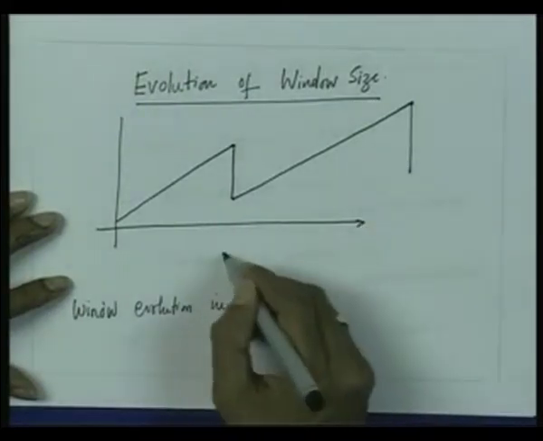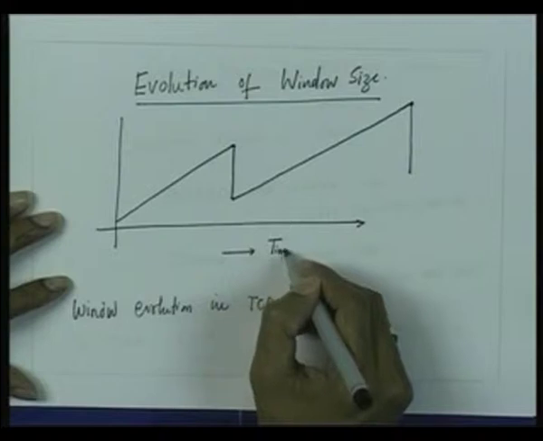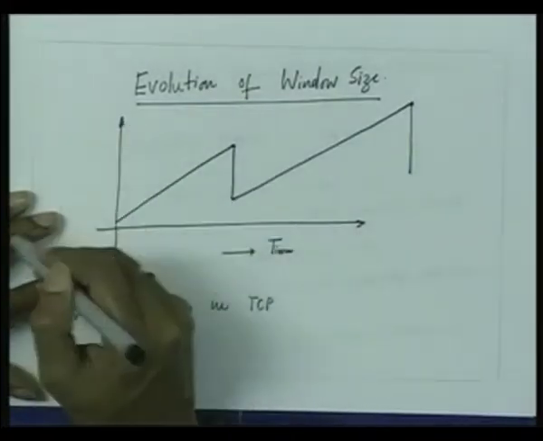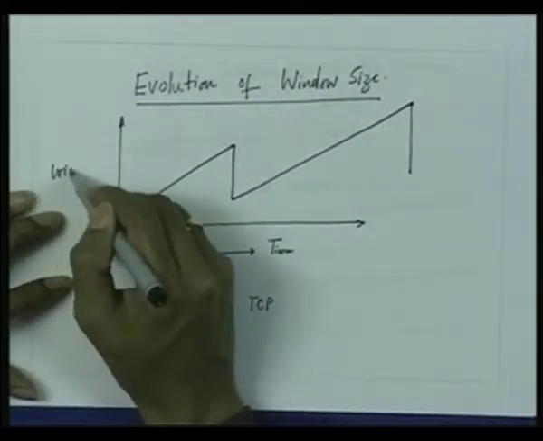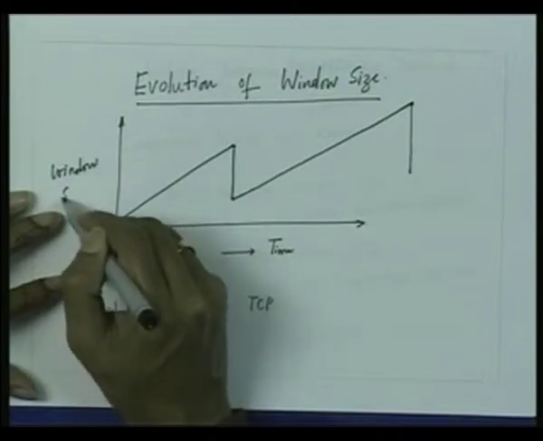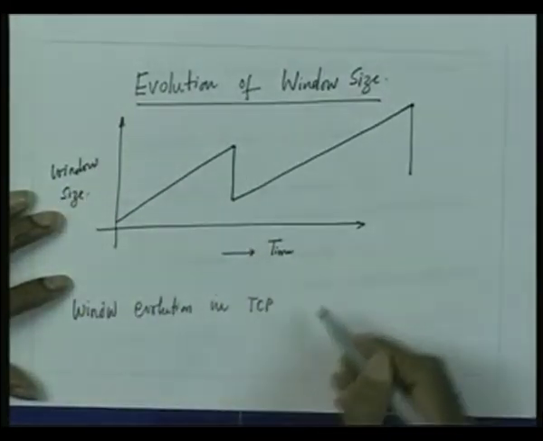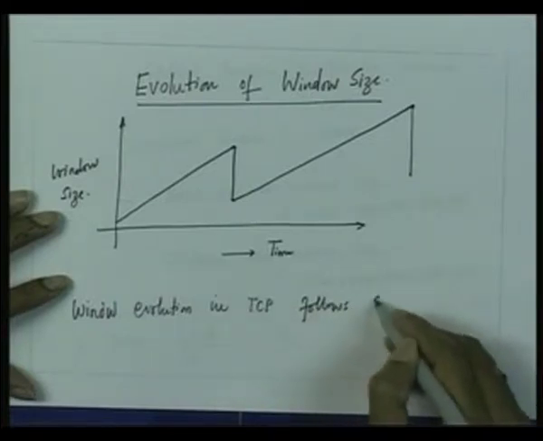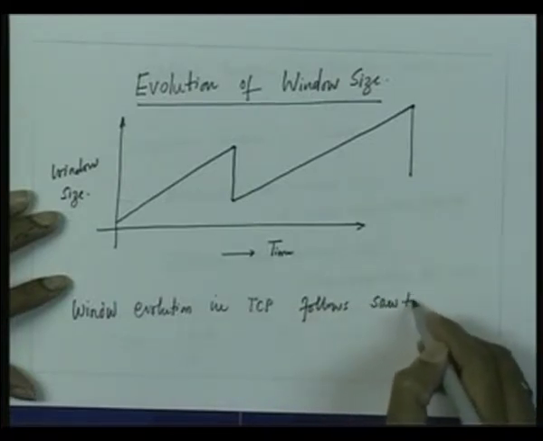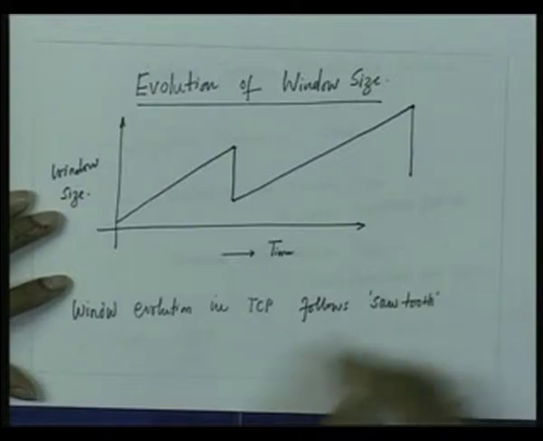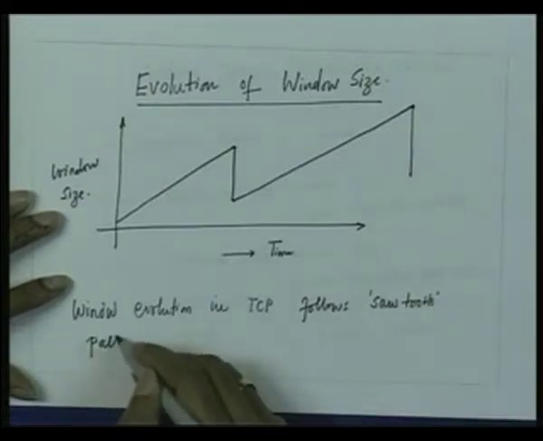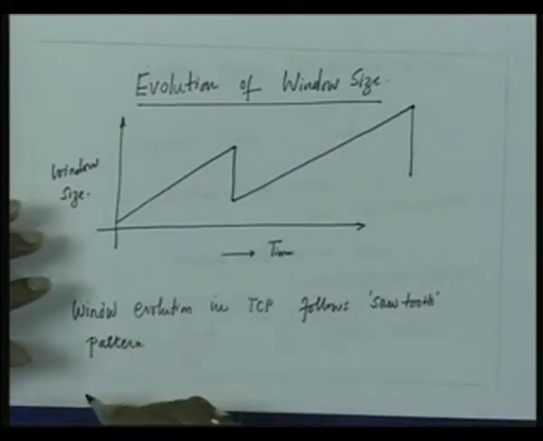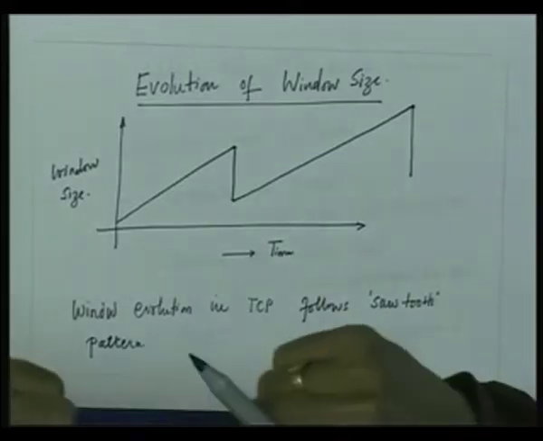This is with respect to time, and this is with respect to window size. So window evolution in TCP follows a sawtooth pattern.